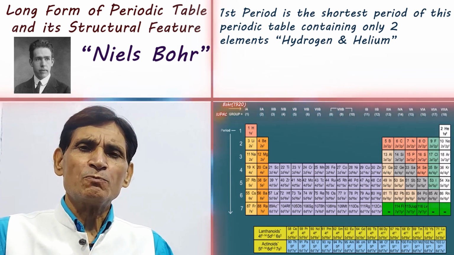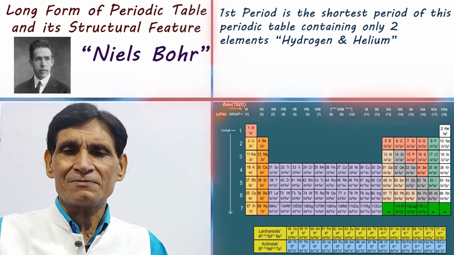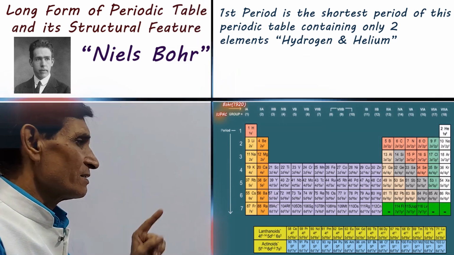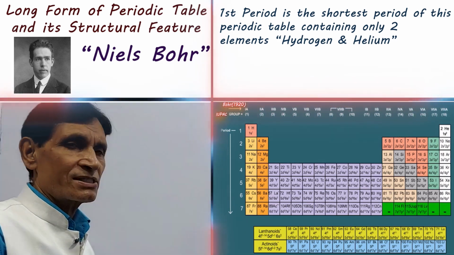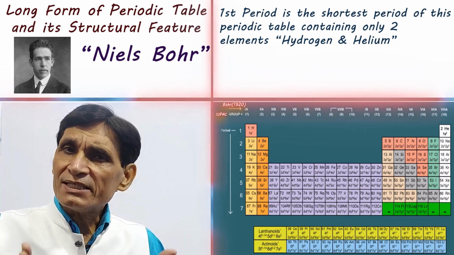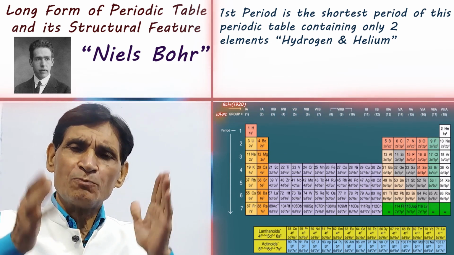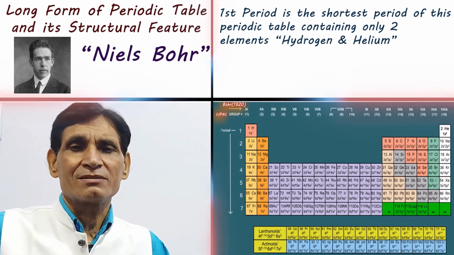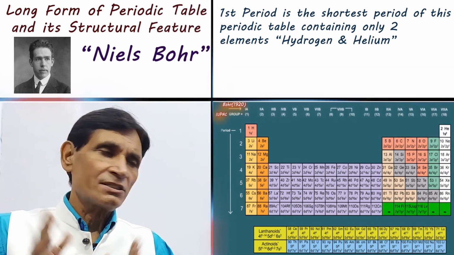The fourth period begins with potassium, atomic number 19, and ends with krypton, atomic number 36.